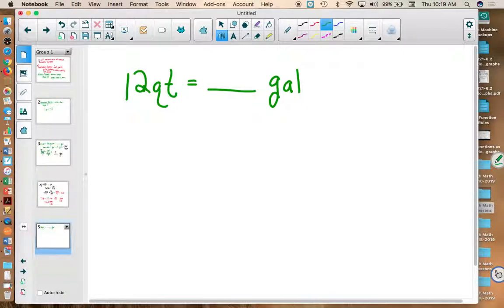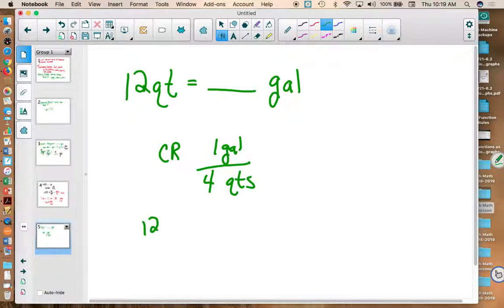Okay. So, Roper, 1 gallon equals how many quarts? How many quarts are in a gallon? 4, good. There's my conversion rate, right there. Okay?